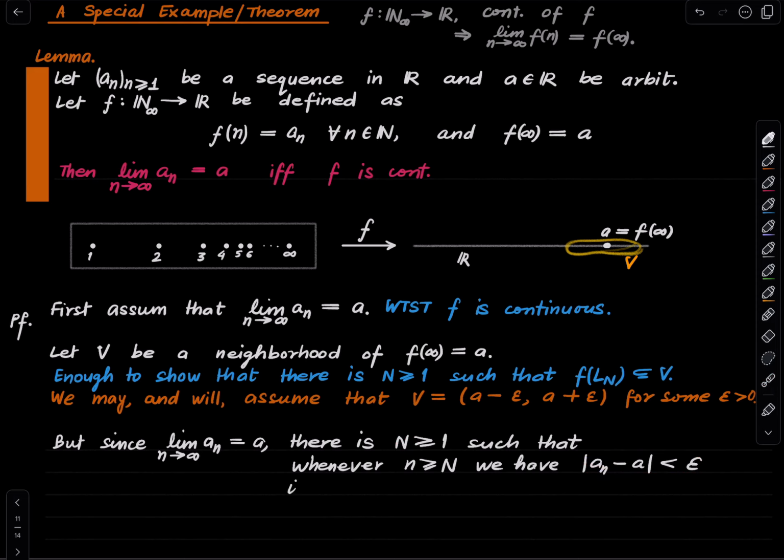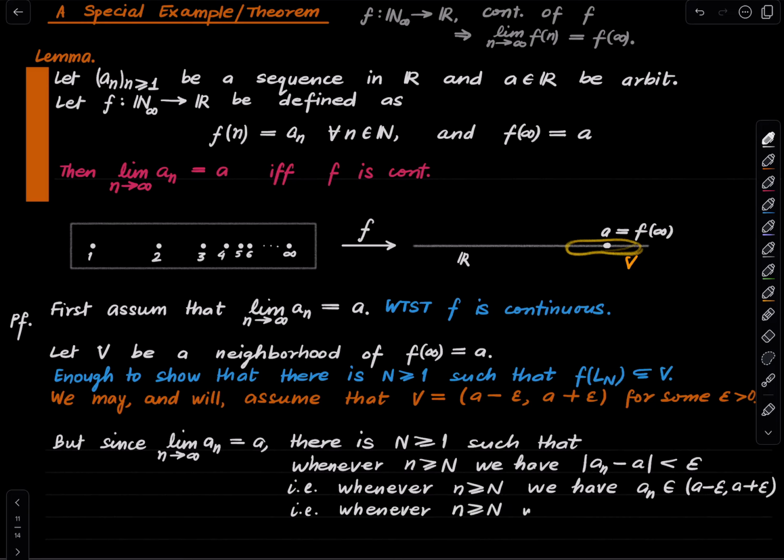Which is the same as saying that whenever a_n lies in this interval, we have f of n is in V, right?